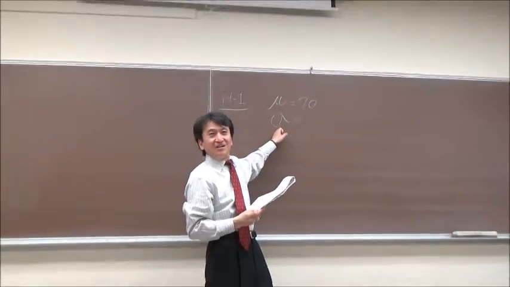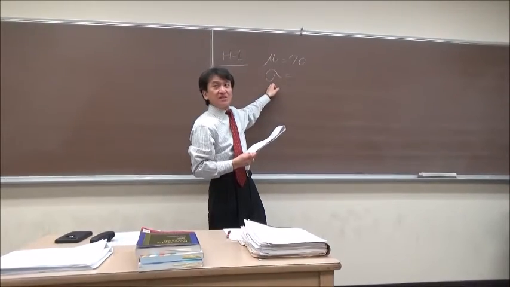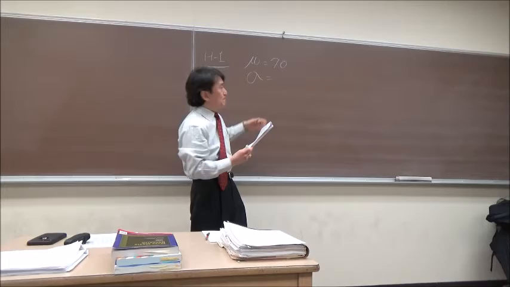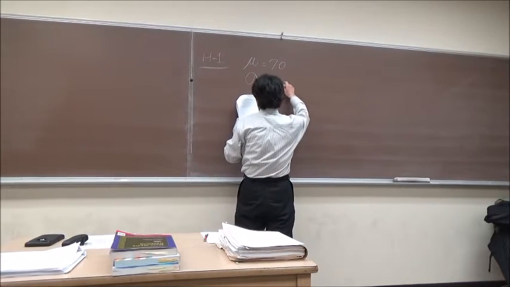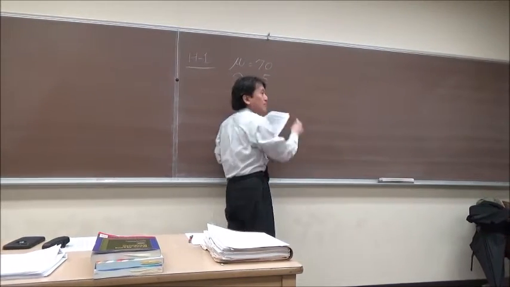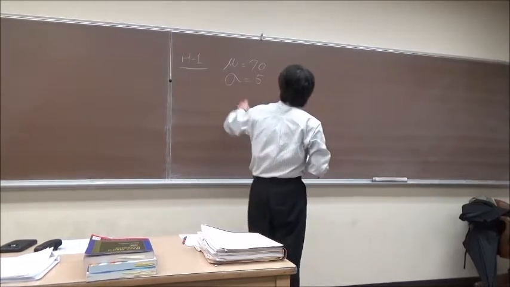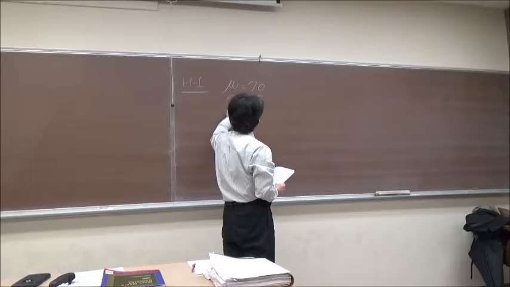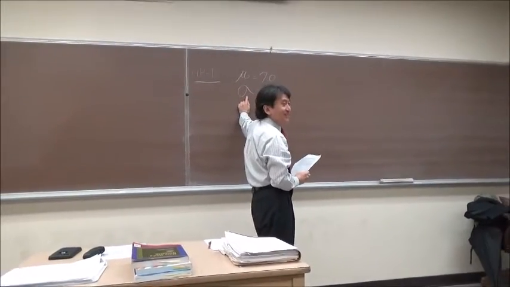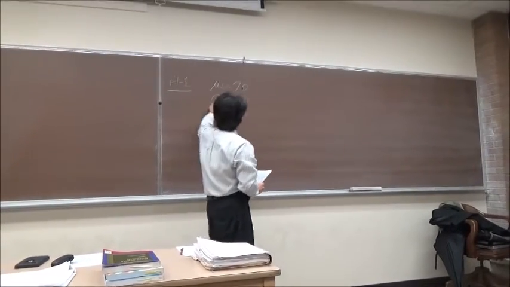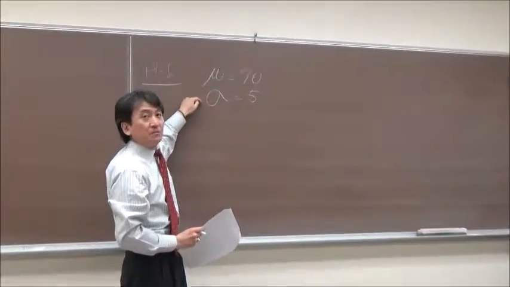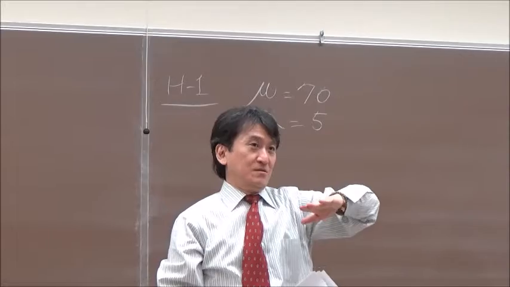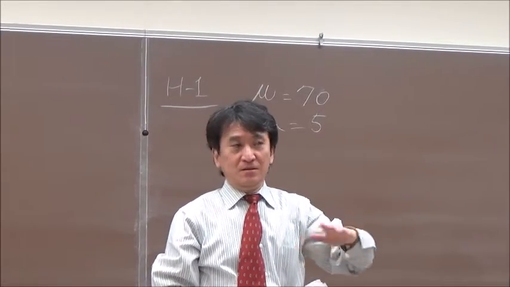So this is the standard deviation of the population, right? What Greek letter is that? Under the mu, which Greek letter is that? This is called mu, and below that, this is called sigma. With me so far? Both are lower cases.